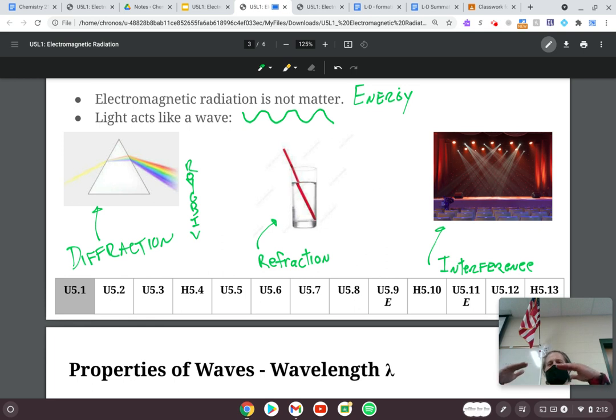So they basically make another wave come into contact with the wave, and the peak and the trough are off, and they cancel each other out. So that's kind of what happens with noise-canceling headphones. The noise-canceling headphones use frequency to cancel out the energy that's coming in, and as a result, you don't hear anything other than the music that you're listening to. So that's kind of like what interference is.